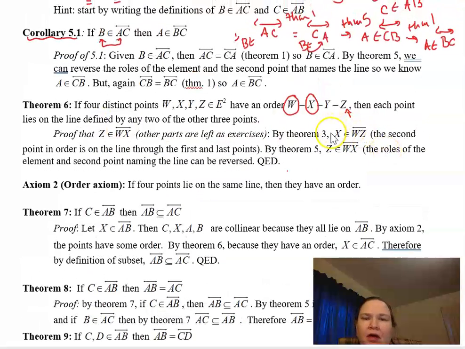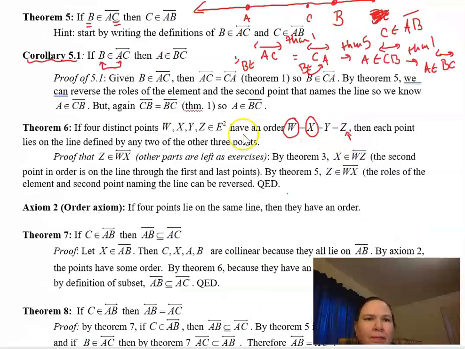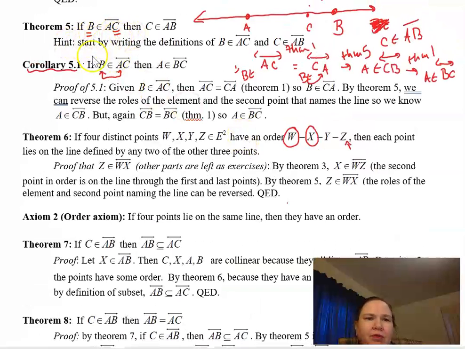And then I want to switch it up so that the line is named by WX and the point is Z, and I say, oh, I just proved some theorems about switching a point that's on a line with the named point on the line. Which one, is it 5 or is it 5.1 that fits this?